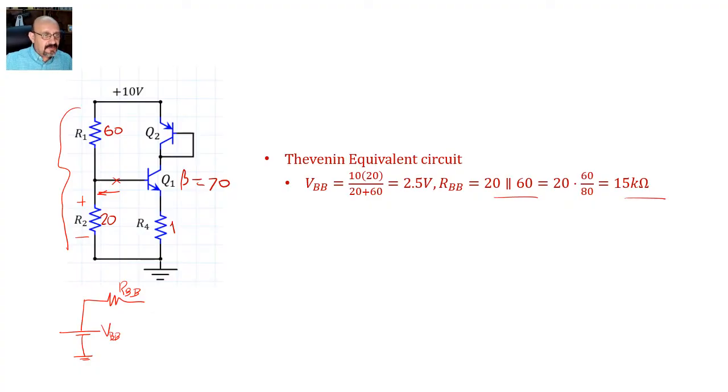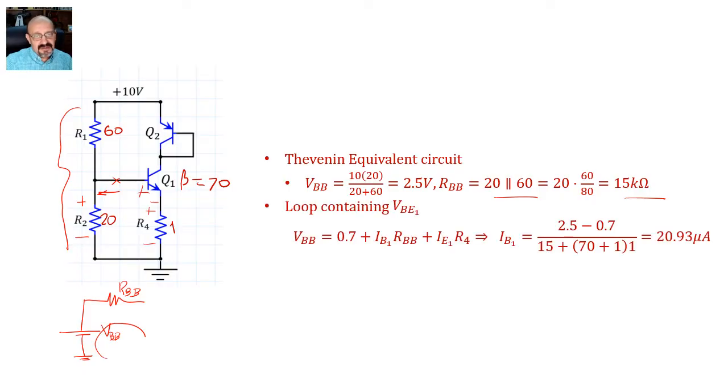Now we can work our loop, the loop that continues here with these two voltages. This loop containing the base-emitter voltage: the Thevenin equivalent has to be equal to 0.7 volts from emitter to base, plus the current across RV, which is IB times RV, plus the emitter current times R4.